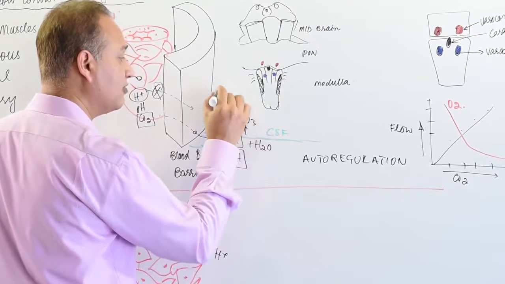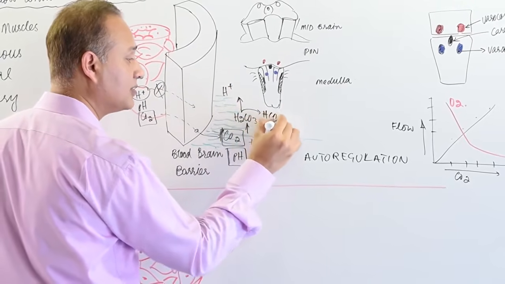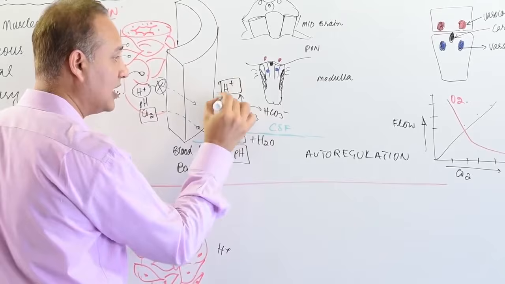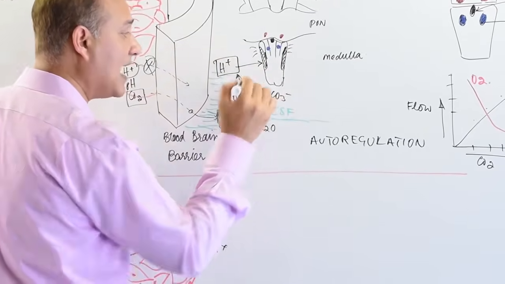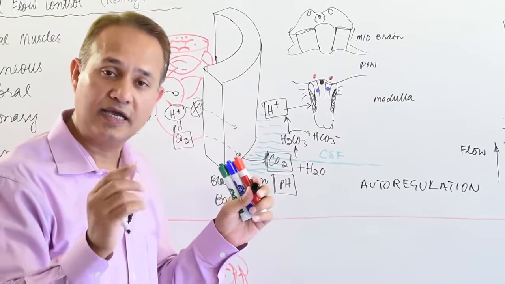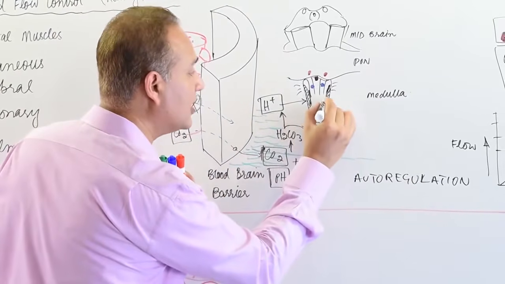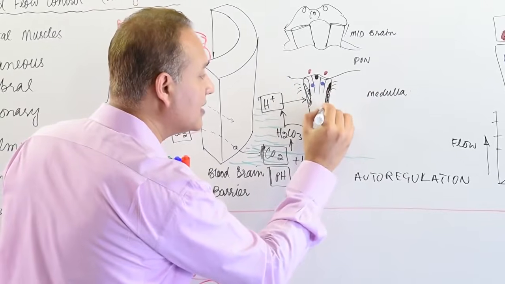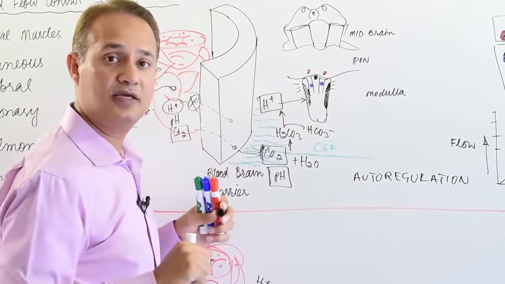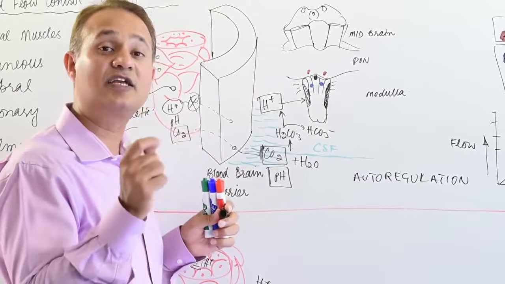From H2CO3, we make hydrogen ions and we make bicarb. This hydrogen ion acts on the ventrolateral parts of medulla. It touches there, and the ventrolateral part of medulla is the central chemical receptor or central chemoreceptor.